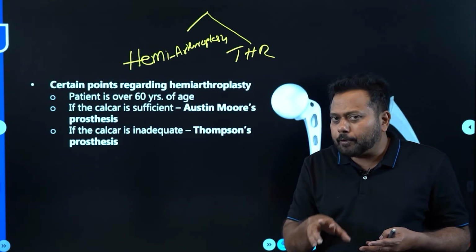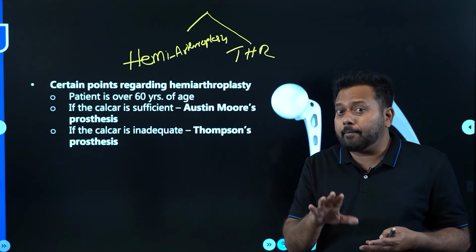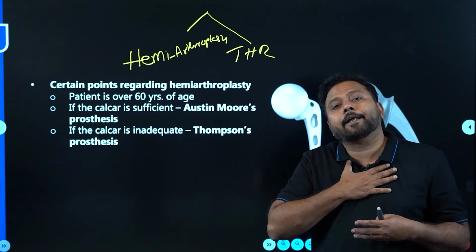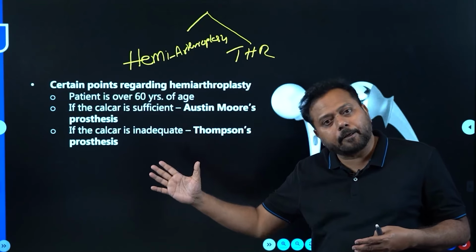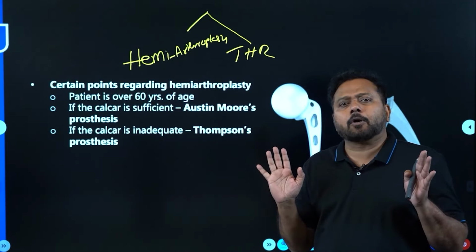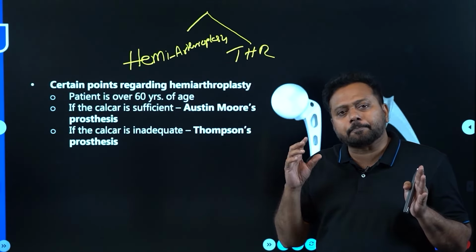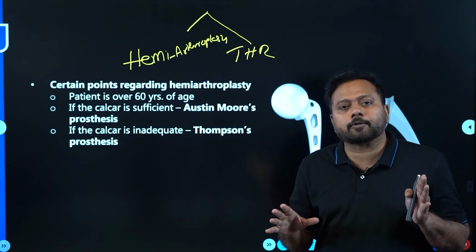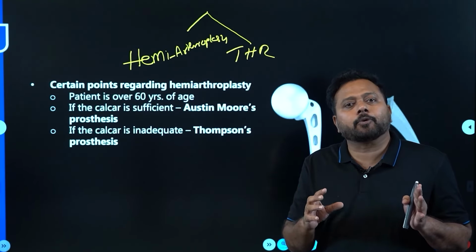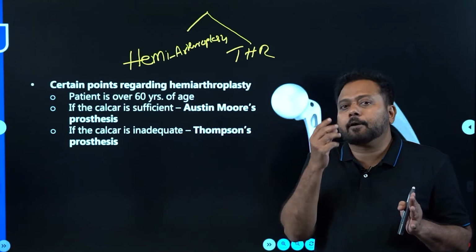So when to do total hip replacement? If the patient has a fractured neck of femur with a damaged acetabulum, I have to go directly for total hip replacement. In the other scenario, the acetabulum is intact and not at all affected, and only the head is expected to go for avascular necrosis. I want to change only the head and neck, and that is called hemiarthroplasty.